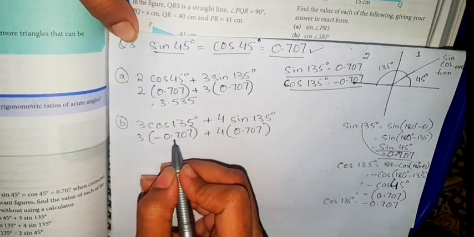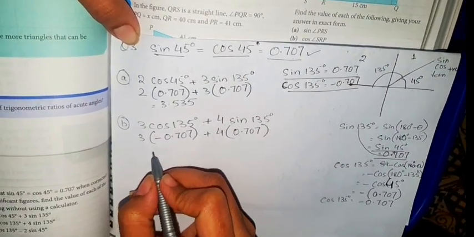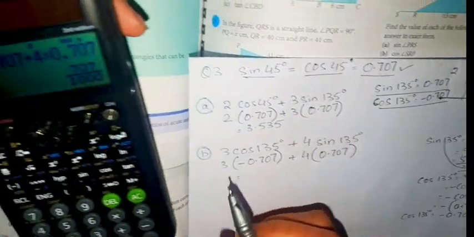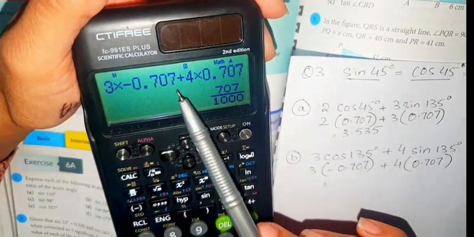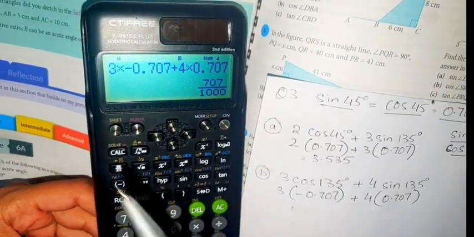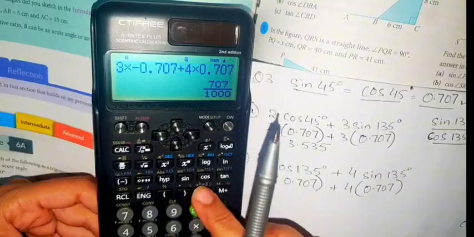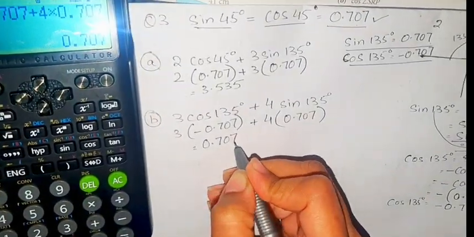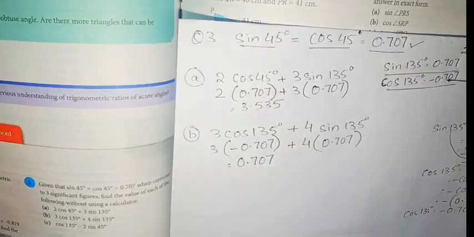So 3 multiplied by minus 0.707 plus 4 multiplied by 0.707 is equal to 0.707. This is the answer of part B.